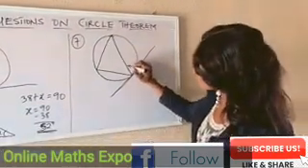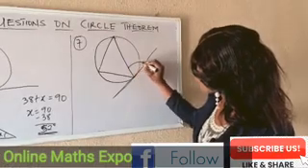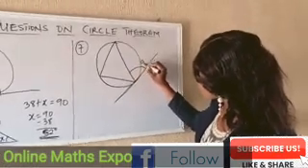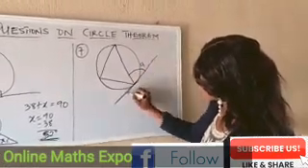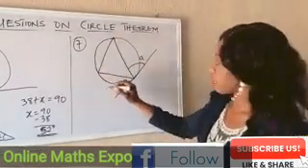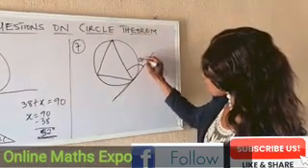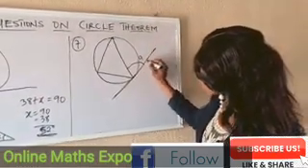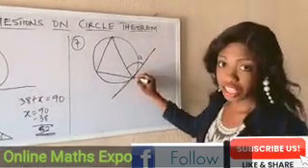The angle this chord makes with the tangent, this angle here, if we name it A, is the same thing as the angle it makes in the alternate segment. Look at what we are saying. This angle A here, remember we said alternate is any angle in a Z shape.